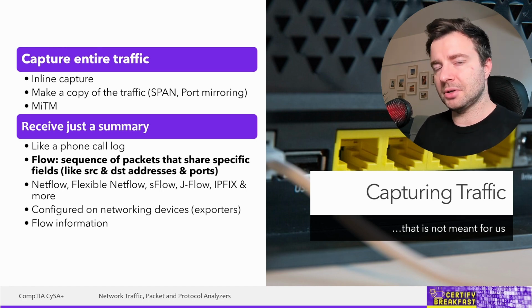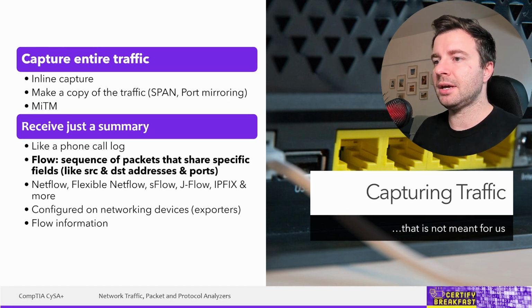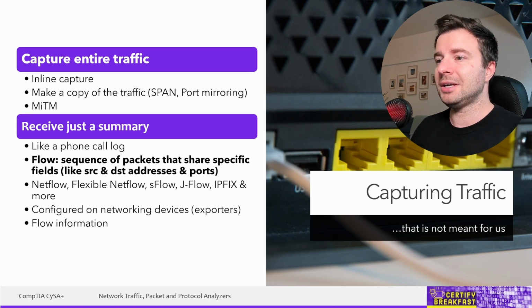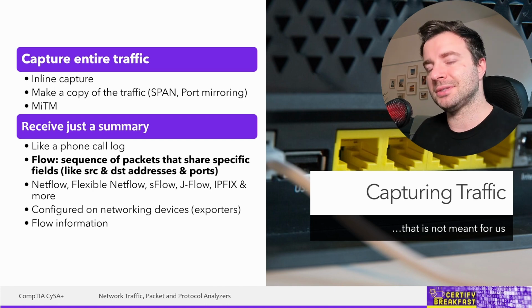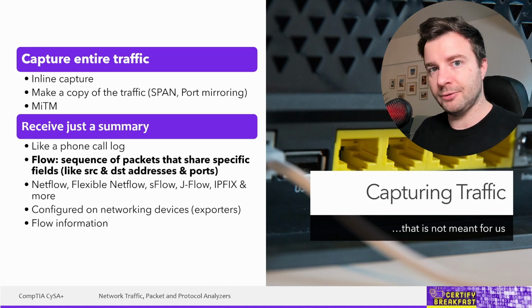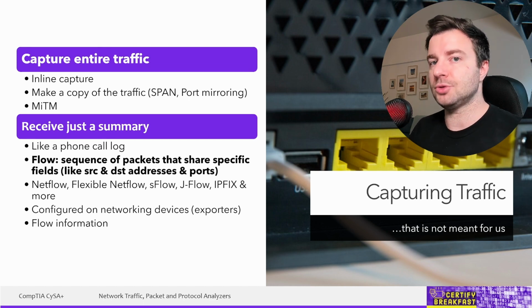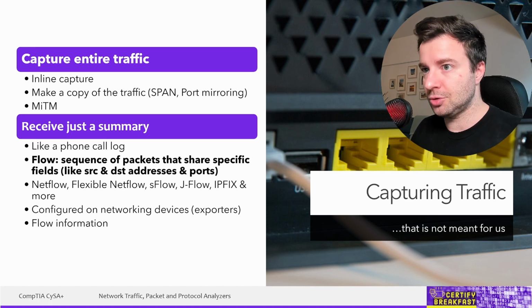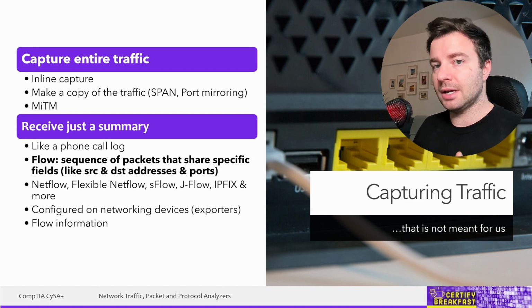And this flow information, you're going to find it implemented in a multitude of ways and under a huge number of standards and naming conventions, among which the most common ones are going to be things like NetFlow or Flexible NetFlow. This is the one introduced by Cisco, by the way. You're going to find sFlow or J-Flow from Juniper, IPFIX, and others.